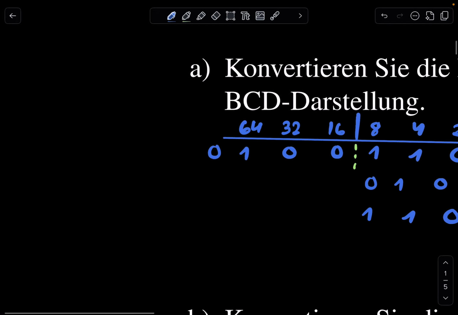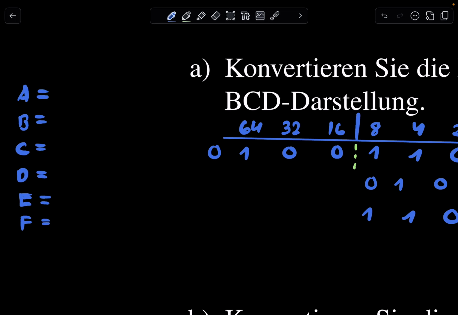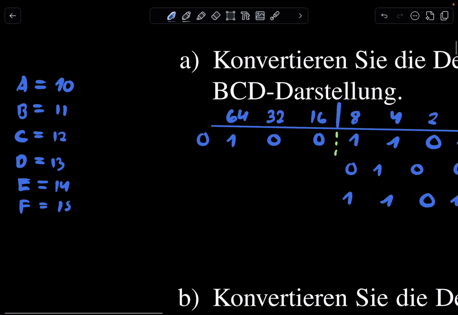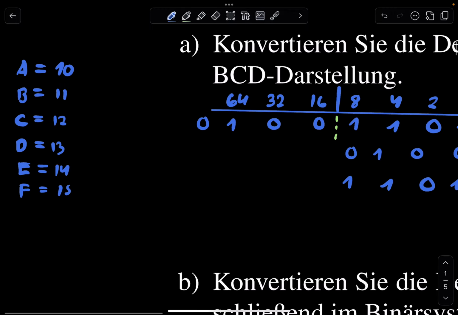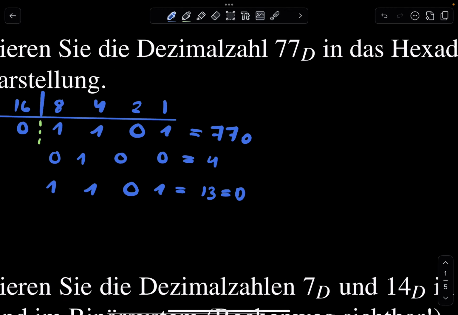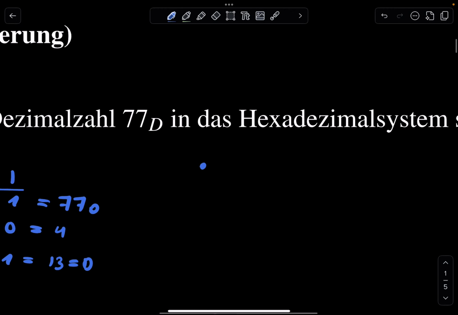Now we know that A, B, C, D, E, and F in hexadecimal are equal to 10, 11, 12, 13, 14, 15. So in this case, 13 is going to be equal to D. At the end, 77 decimal is equal to 4D hexadecimal.